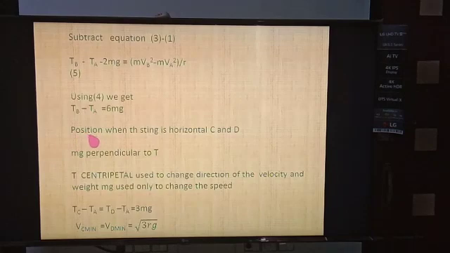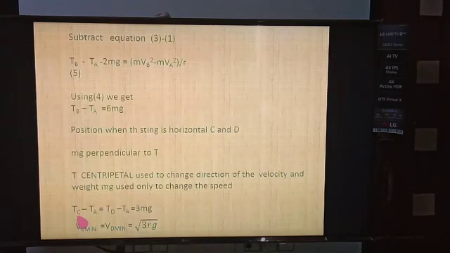Now at position C and position D, mg is perpendicular to tension T. The force due to T is centripetal, used to change the direction of the velocity, and the weight mg is used only to change the speed.